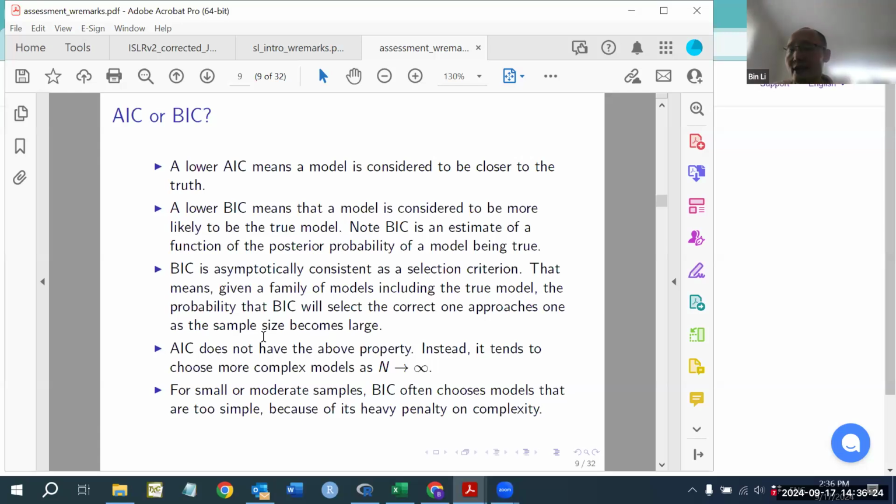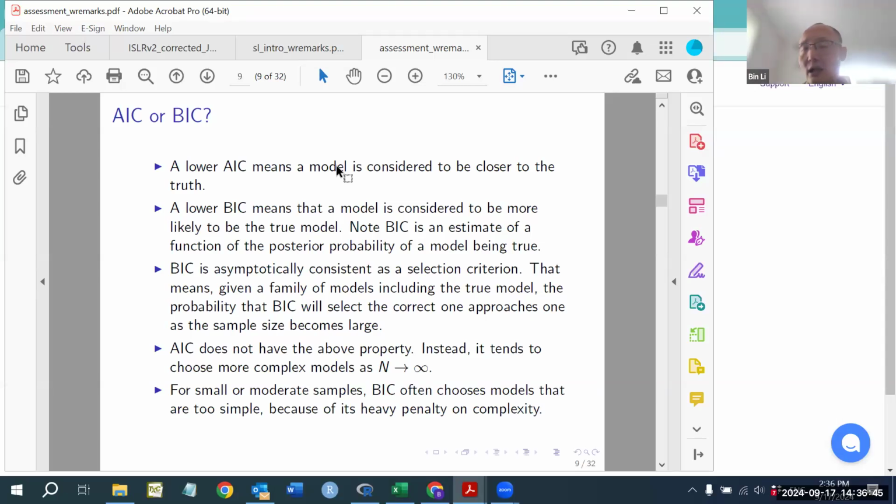Okay, so the question is AIC or BIC, right? Because they are different. So which one should we use? They are from different perspectives. So AIC, a low AIC value means a model is closer to the truth.